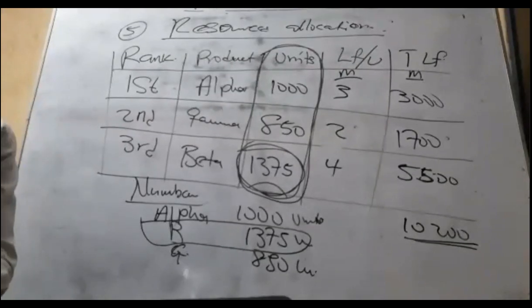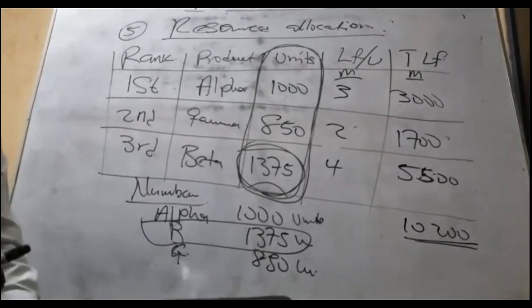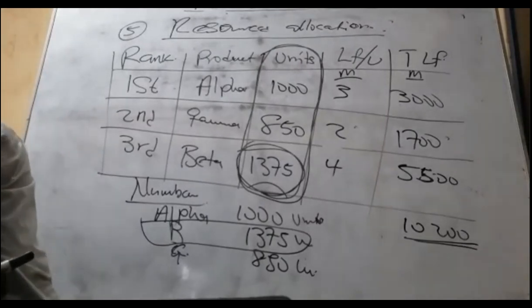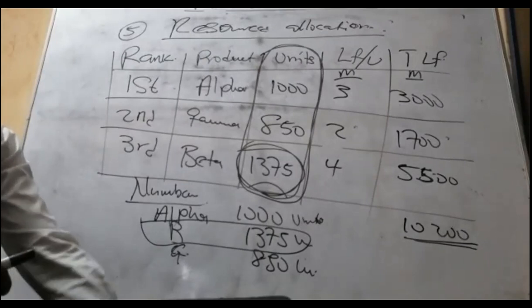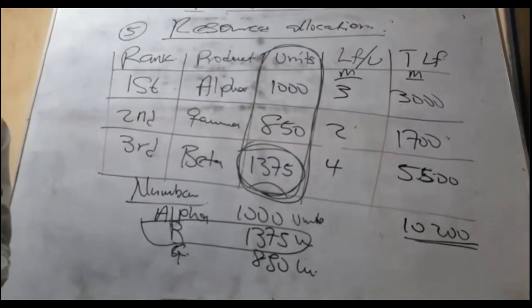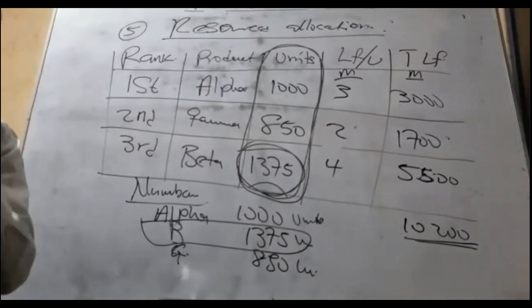Now we will continue. But before you continue, we will calculate the throughput accounting ratio and the profits at hand. So we're going to calculate two items now. The maximum profit available, and then the throughput accounting ratio.